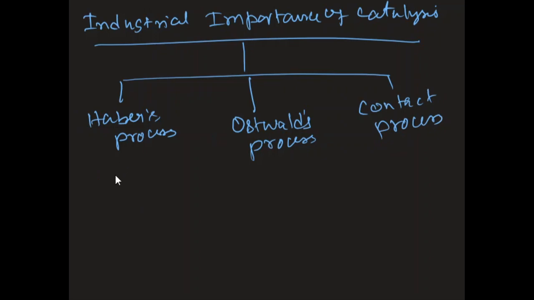In the Haber's process, ammonia is produced. In the Ostwald's process, nitric acid is produced. In the contact process, sulfuric acid is produced.